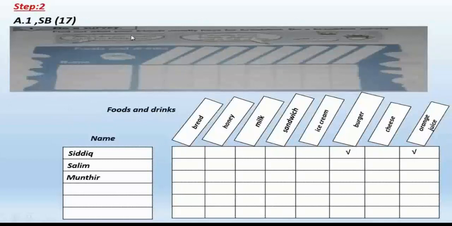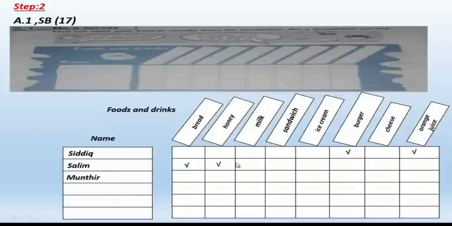What do you usually have for breakfast? I usually have bread, yogurt, and a cup of tea. Now I'm going to complete the chart for my friend Salim. Salim, what do you usually have for breakfast? Bread, okay.